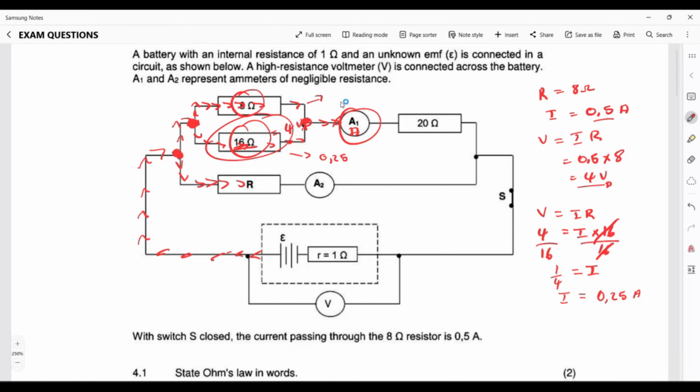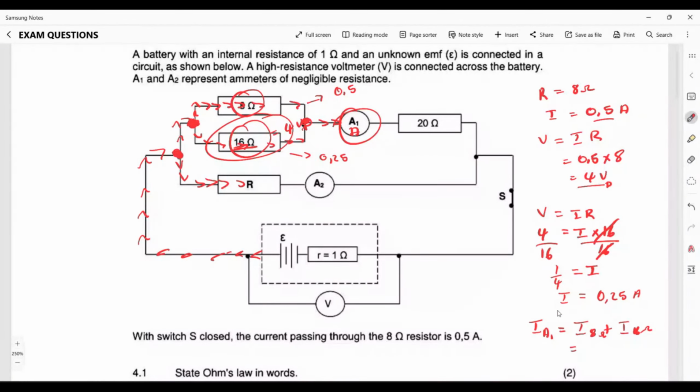And in that section, I had 0.5, which they gave me. So I need to combine them to find the total current, I mean the current passing through A1. Let me say A1 so that I don't confuse you guys. The current passing through A1 is going to be the current in 8 ohms plus the current in 16 ohms. I hope I didn't confuse you.